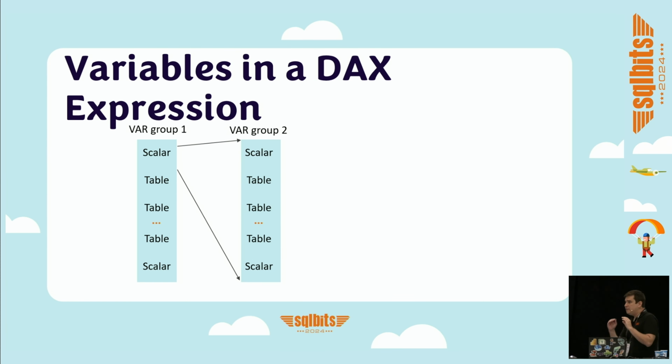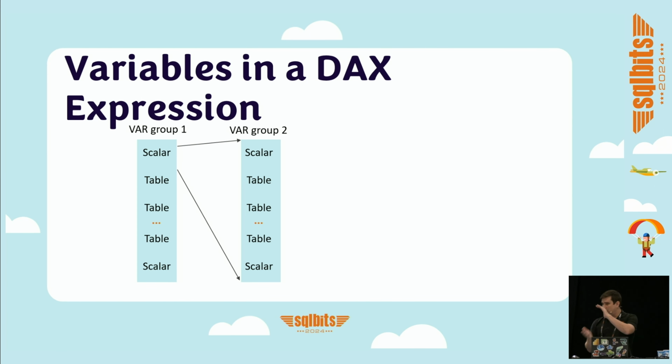Whenever I'm in a specific step, I can open a second VAR group, which is a second pair of one or more VAR declarations with a RETURN at the end. It's pretty much the same as the let-in syntax that we just saw within Power Query, but different engines, different teams, different minds, different needs, different implementations, right?